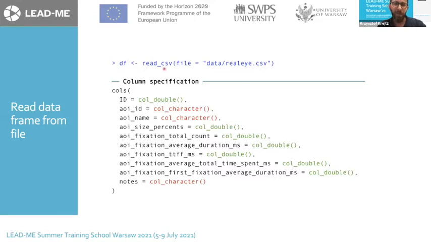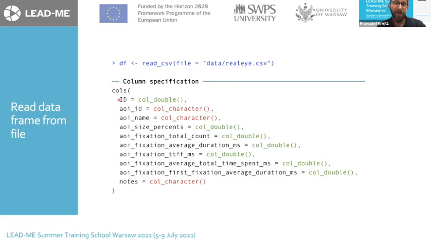The console then displays what this function is doing. It's reading this file reali.csv, and it displays what the names of the variables are, what kind of variables it has read, and what the classes of these variables are. So double means numeric.